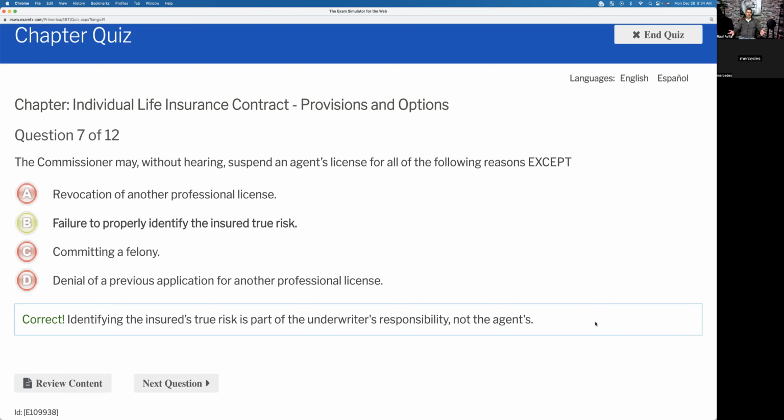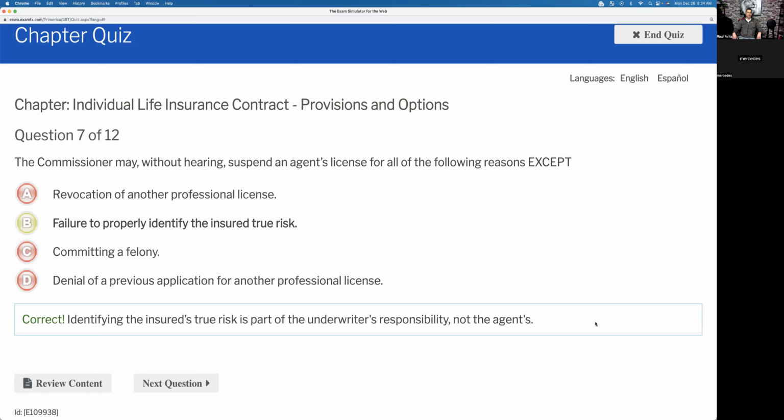How can you identify the true risk if the client is lying to you? It's not your fault that you put non-tobacco when he really is tobacco. It's not your fault because the client told you he doesn't smoke. So that one's not grounds for suspending your license.